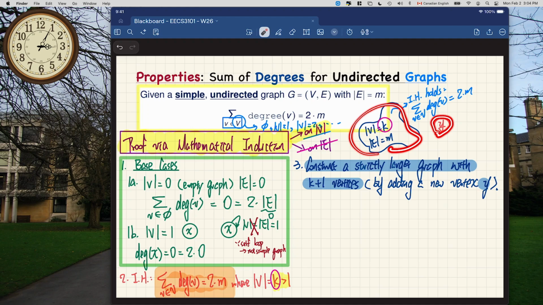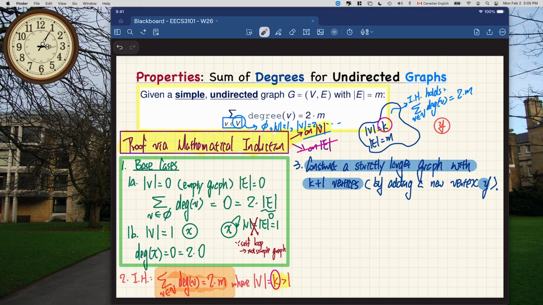That's one way. Or I choose one vertex over here and connect these two vertices. Or I choose 2 vertices from here and connect them to y. I can choose as many as I like, up to and including k vertices.